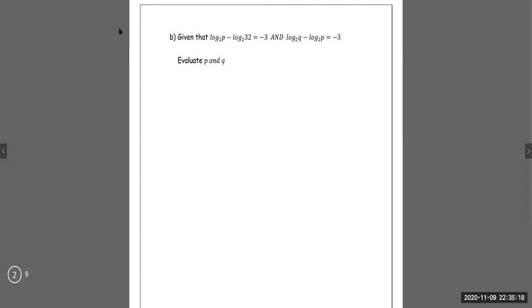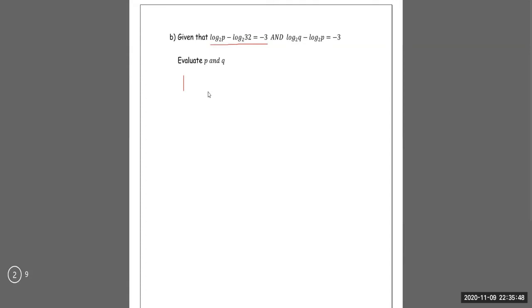So what are you thinking for this one? Oh, sorry, I was muted. Equate the first one, log base 2 of p minus log base 2 of 32, to log base 2 of q minus log base 2 of p, since they're both equal.